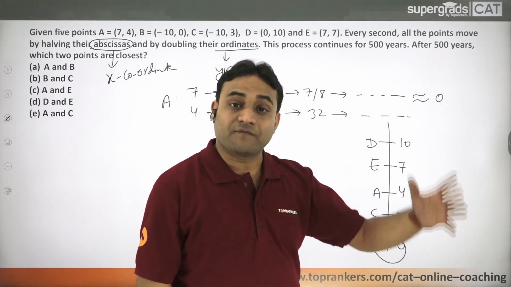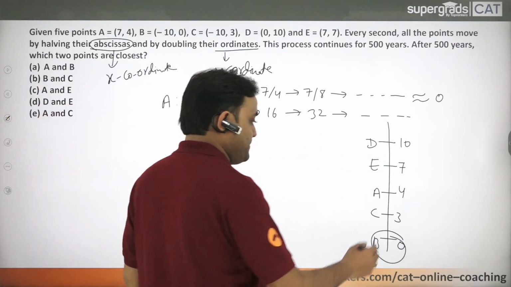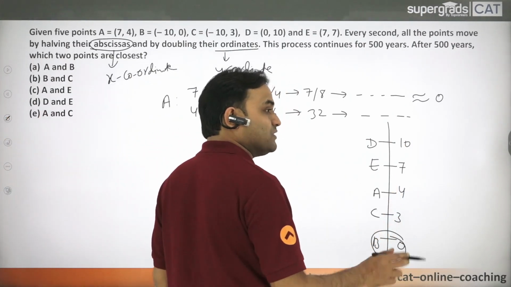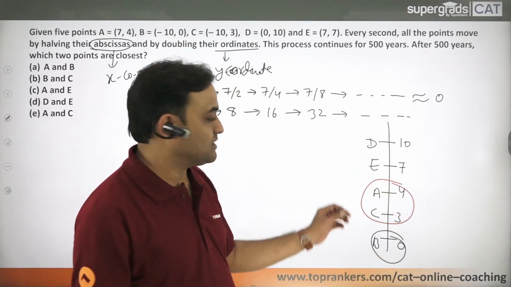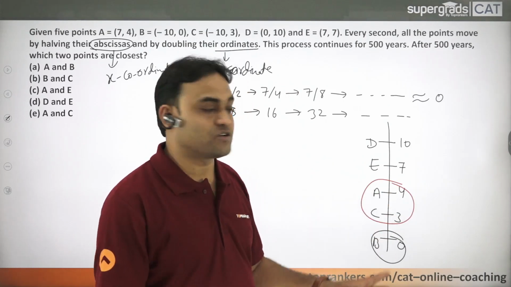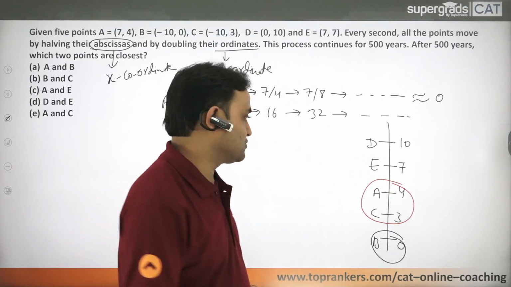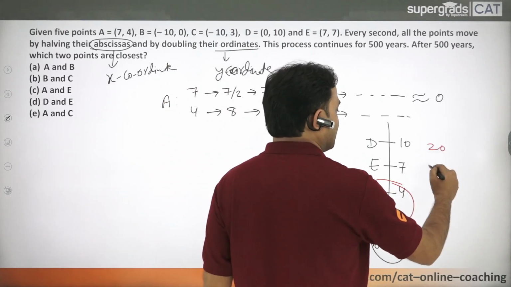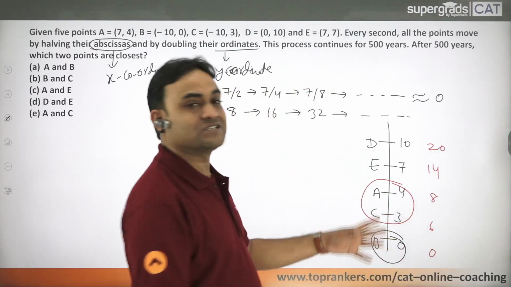So even after 500 years, if all the values are getting doubled, can we say the closest 2 points will remain what we had initially? The difference between the coordinates of A and C is only 1. The y coordinate difference is 1. These two are closest. So even if you double these values, just for example, 20, 14, 8, 6, 0, which 2 points are closest?